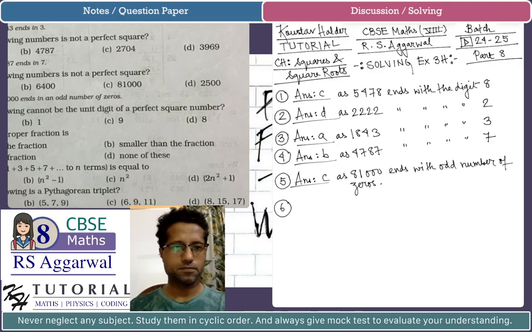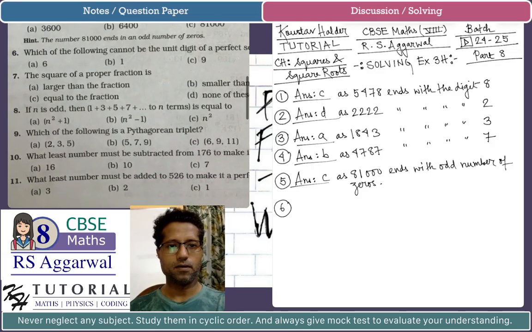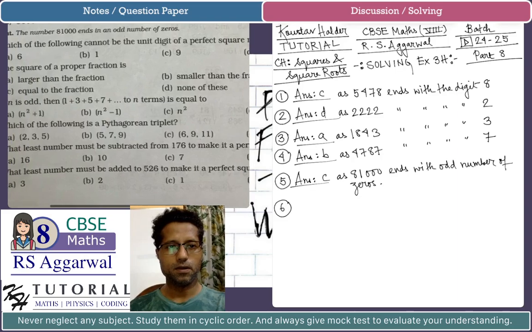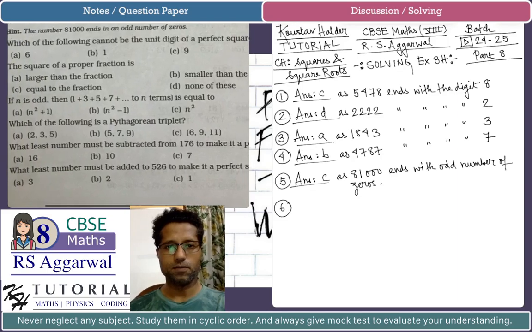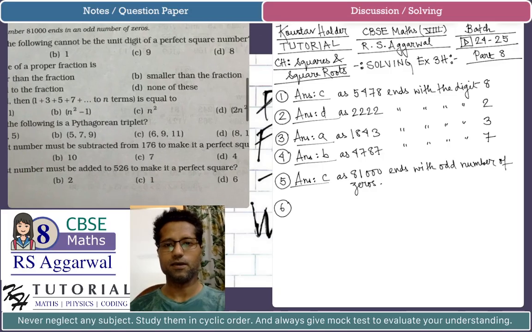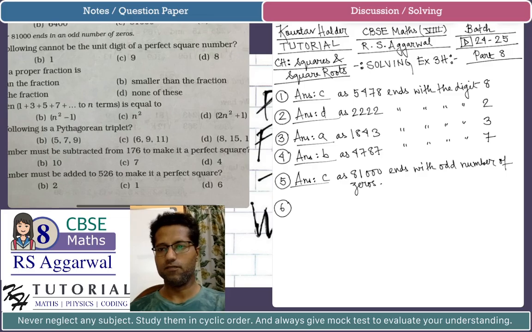Problem number 6. Which of the following cannot be the unit digit of a perfect square number? It is asking, if a number is a perfect square number, which of the following digits it cannot have as the unit digit, that is, the ending digit or the rightmost digit or the digit at the units place.